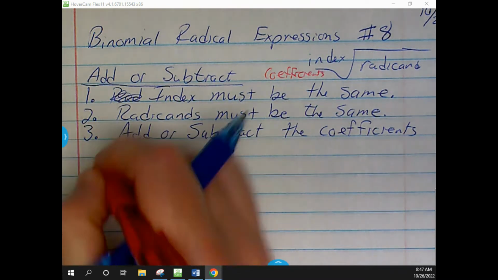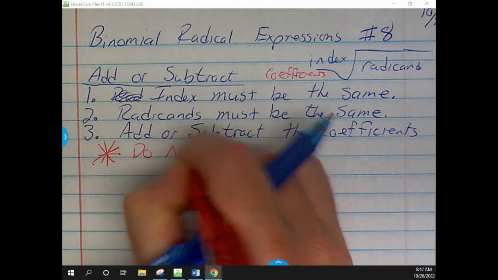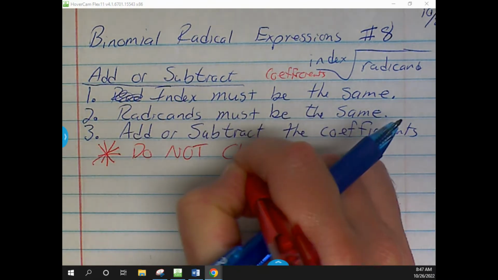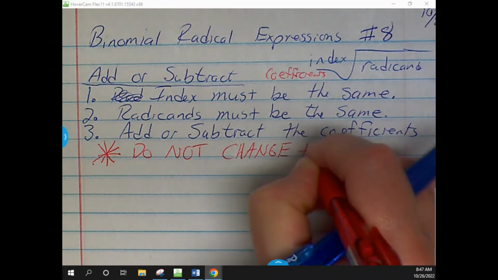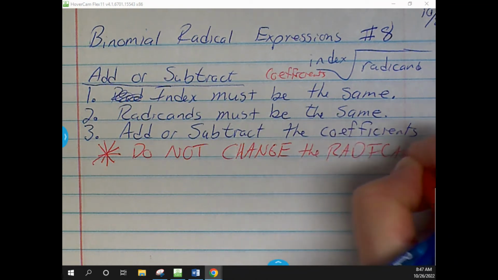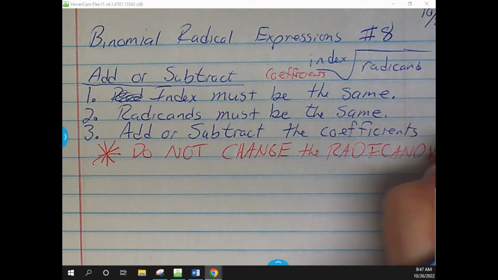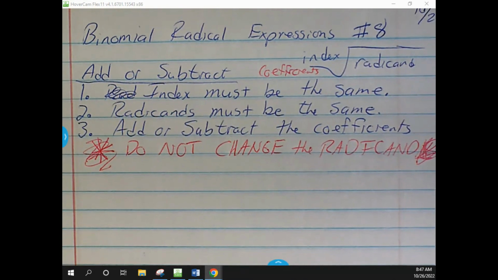Okay, now here's the big thing with this one. Don't change the radicand.